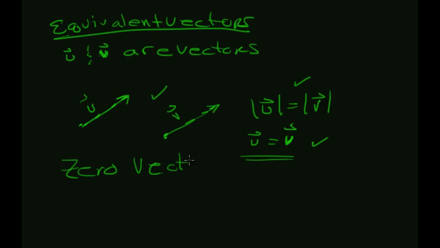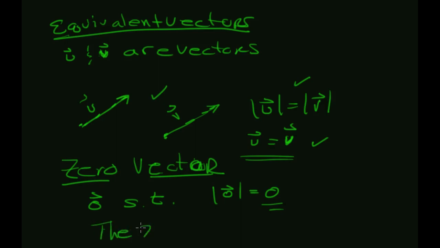Now, we also have to note something else that exists, because it's a bit of a mathematical fiction, is that we do allow for a zero vector, and we define the zero vector such that the magnitude of the zero vector is 0. So this creates an interesting situation. Can you draw a zero vector? Nope. It's just like a little single spot, right? It doesn't go anywhere. So this is important. The zero vector has no direction.